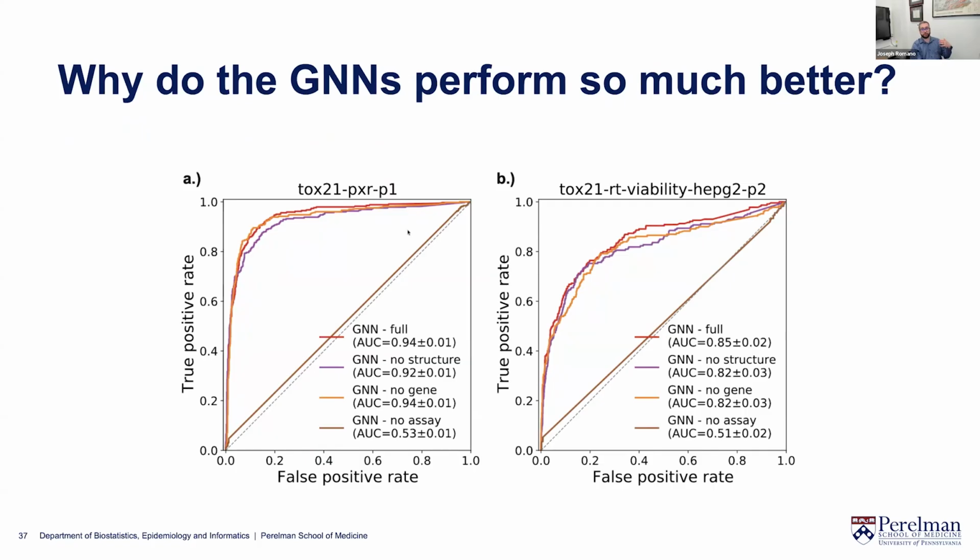So we did something that's common to AI studies called an ablation analysis to figure out why it's performing so much better. And it turns out that if you remove from these networks either the other genes that are in there, so this gene information, or if you remove the chemical structure, which is usually all that QSAR has to go on, we just barely see the performance drop a little bit.